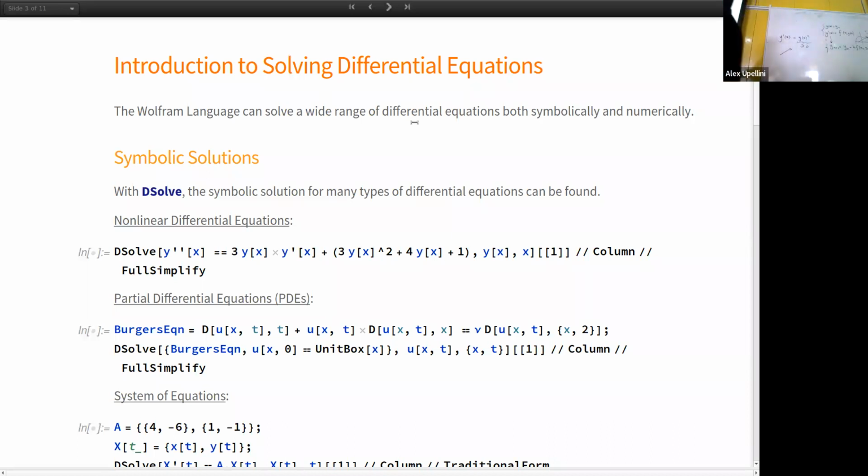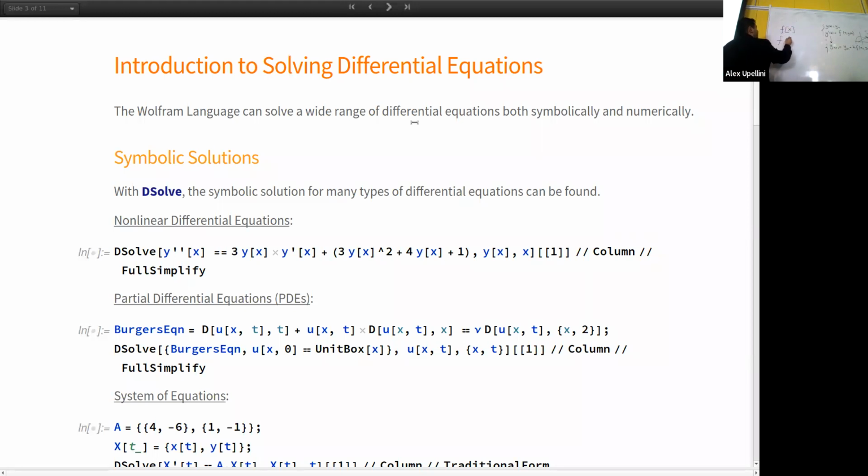Here I give a nonlinear differential equation, and I am looking for a full simplification of the first solution. So this notation that you see here is known as the postfix notation for a function, and it is equivalent to the other one you already saw. If you have a function, you can evaluate it at a point, f of x.